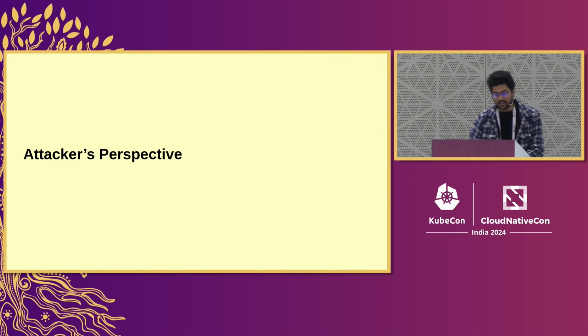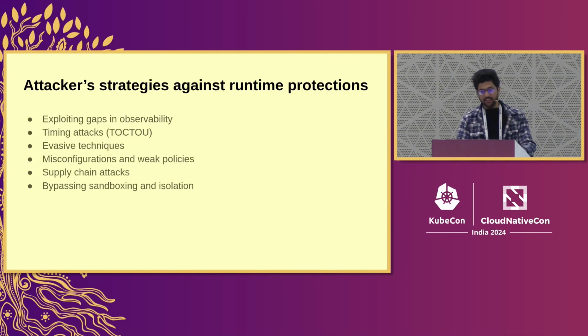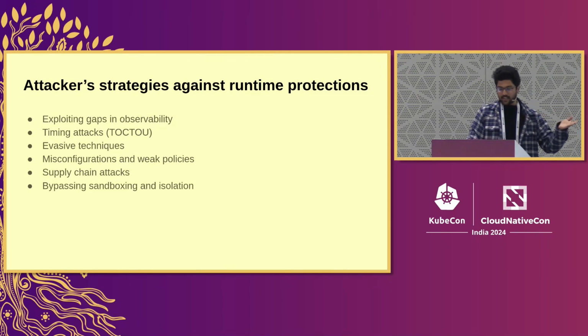Let's look at what attackers might use to circumvent these runtime protections. They can exploit gaps in observability. We saw that there are a few cases when you can miss events. If those events are missed, attackers might be able to do something fishy which might not be enforced. Then we saw timing-based attacks. We can have misconfiguration and weak policies.